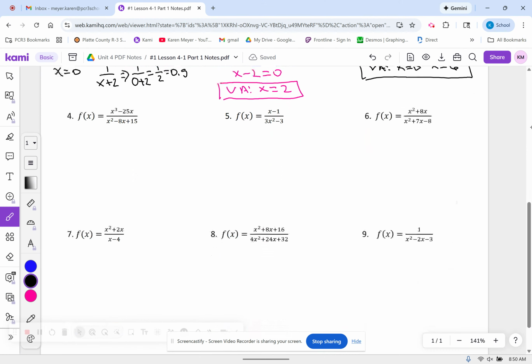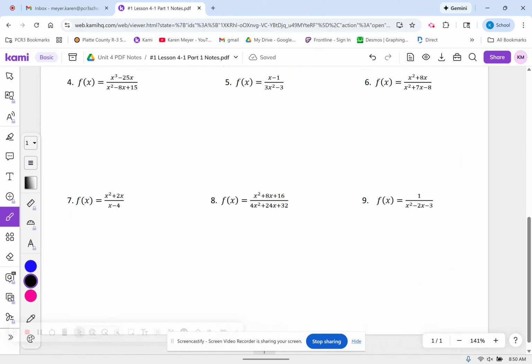Okay, next row. On number 4, I can start with taking out an X on the top, which gives me X squared minus 25. And then I can continue to factor that. So I'll come down here. So then I keep my GCF, and then I go X minus 5 and X plus 5.